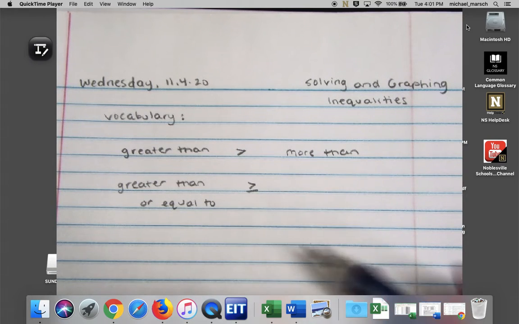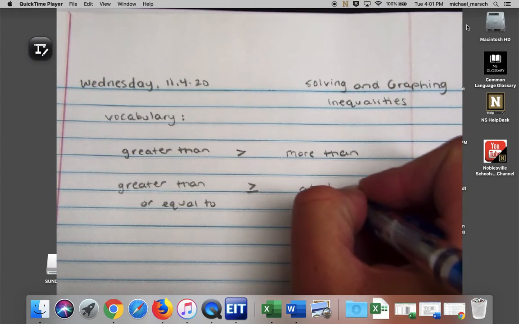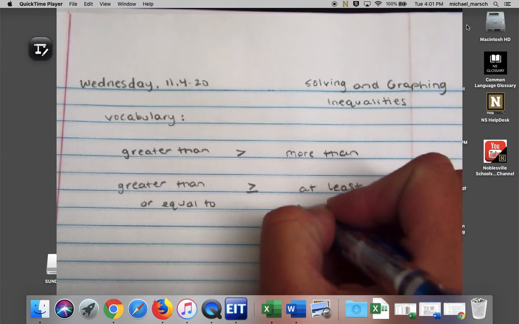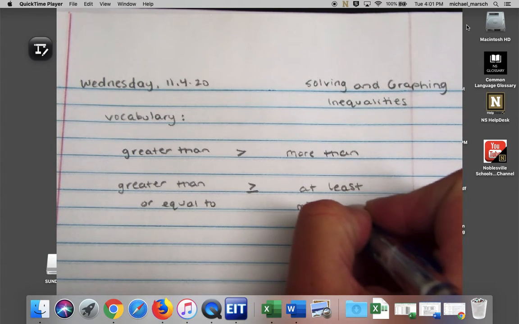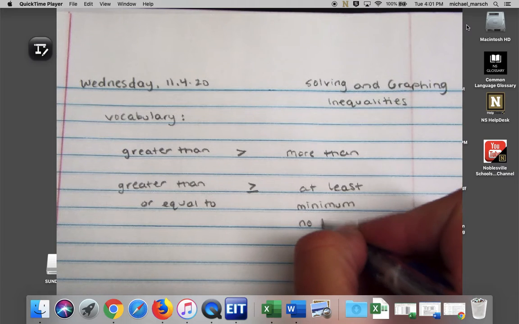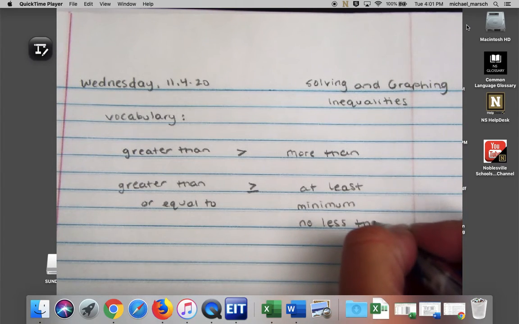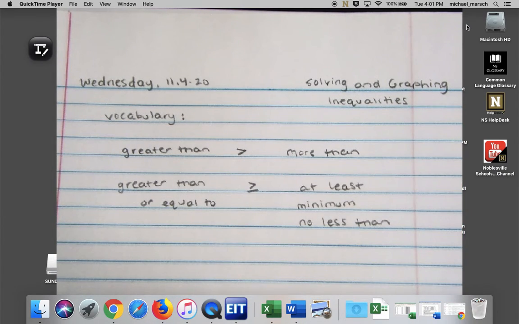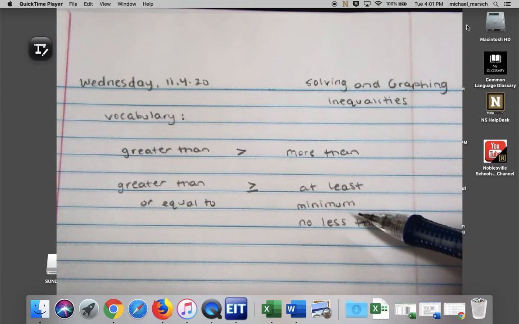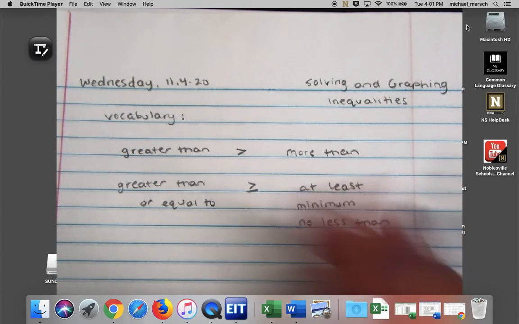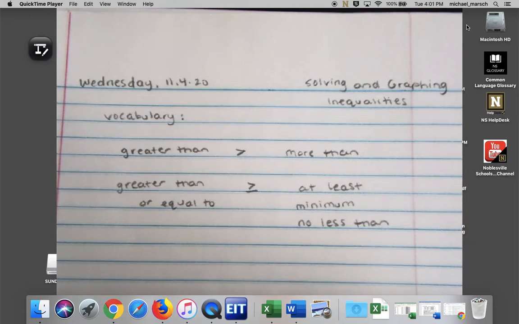Some other ways to say that would be at least, minimum, or no less than. Okay, and these keywords will come in handy when we start evaluating phrases and creating the inequalities.